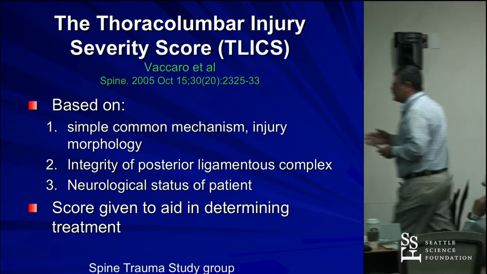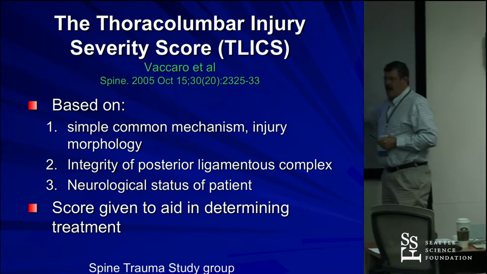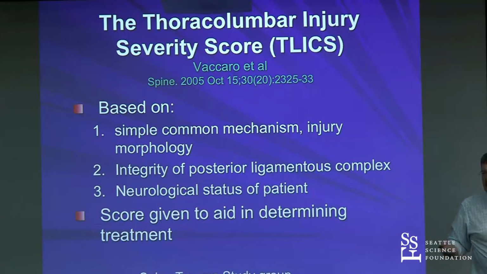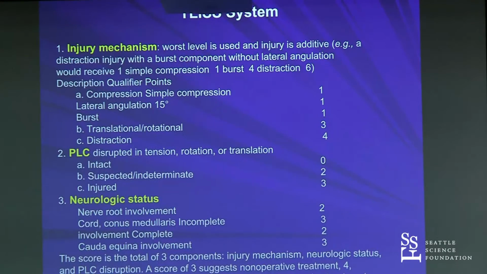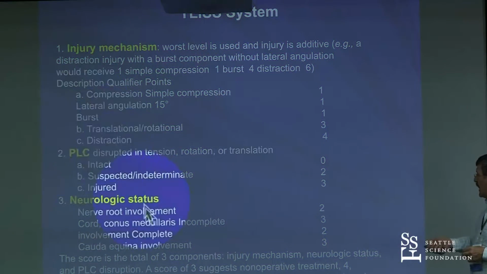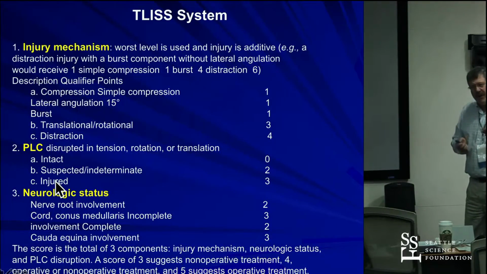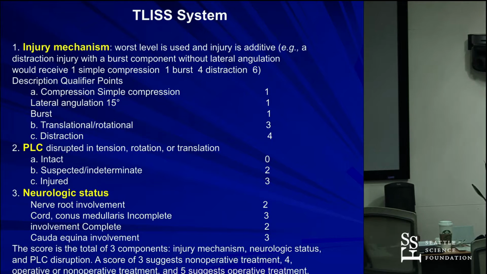So this paper took those three concepts and tried to put them in a scoring system to guide treatment and help us communicate. And so we got this scoring system, which was great, because suddenly in our classification, we had the PLC and we had neurological status, something that really wasn't clear in other classifications. And this was great.